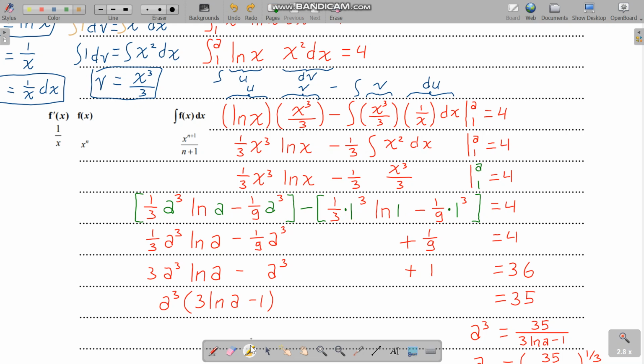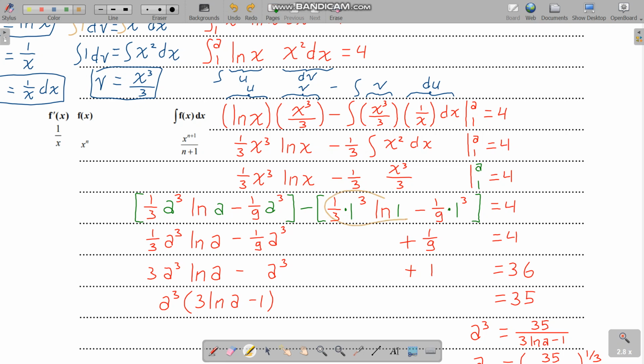You cannot use a calculator for the whole thing because you'll get decimals, so not exact. We have to do it manually. There's an a, so there's nothing we can do for these two terms.